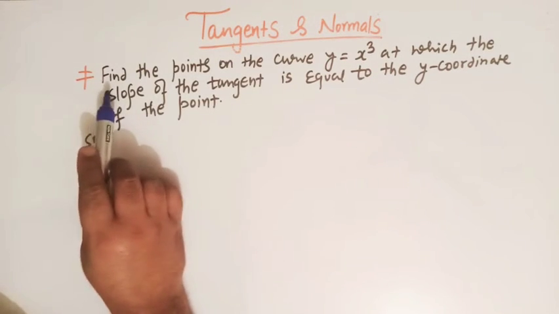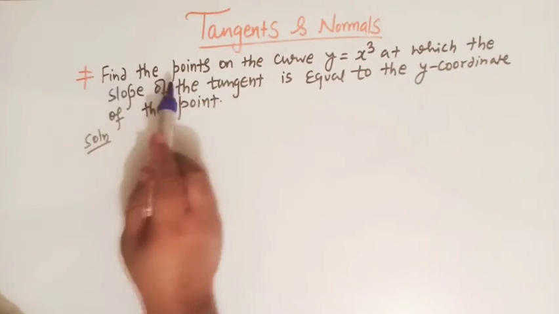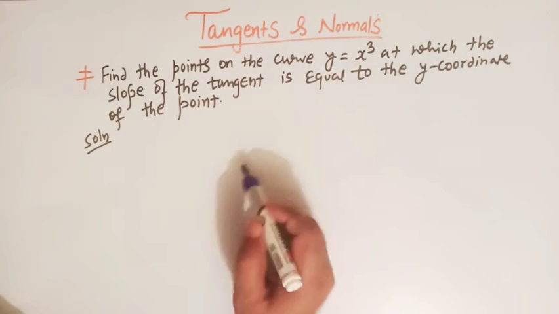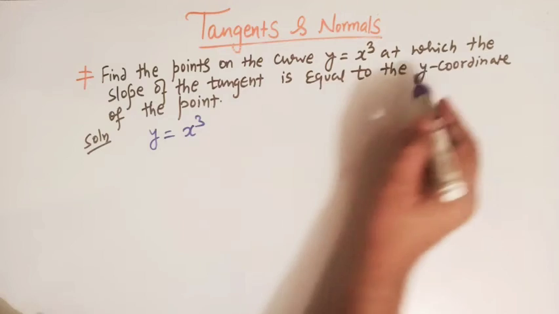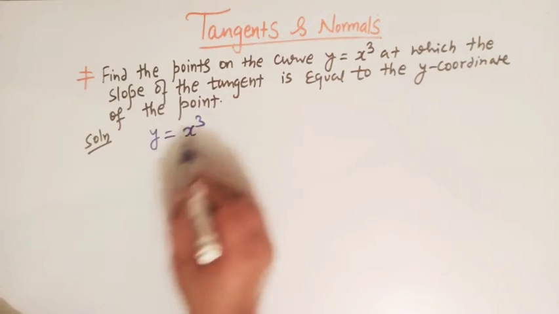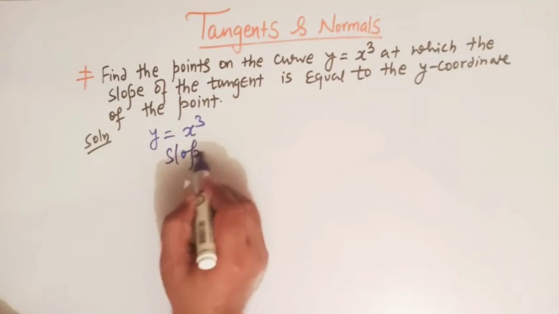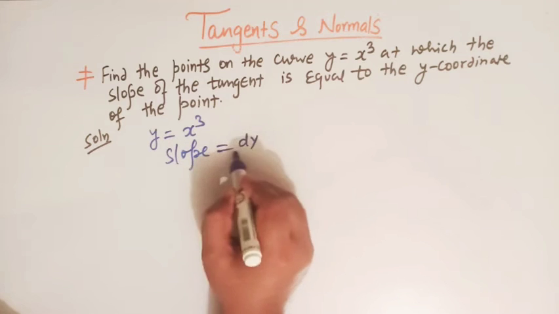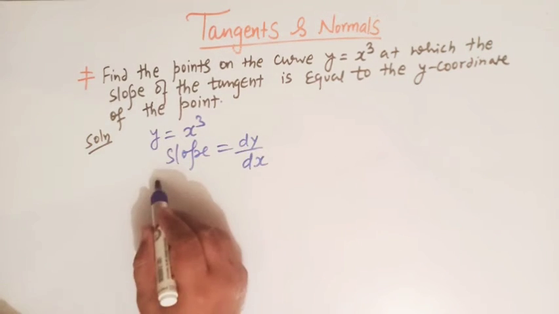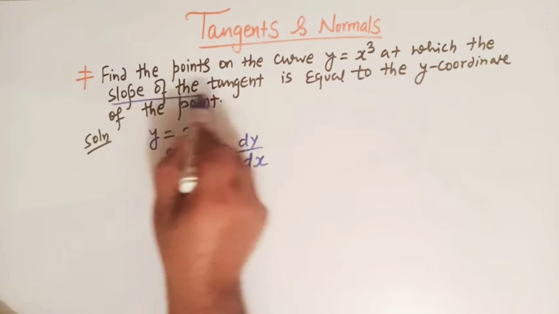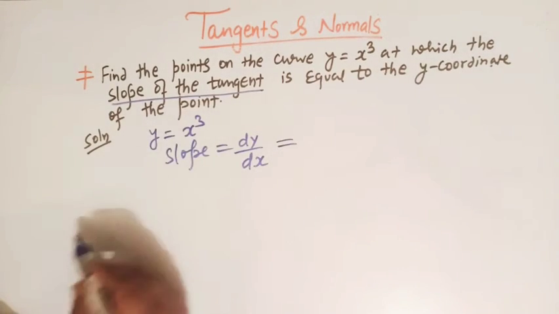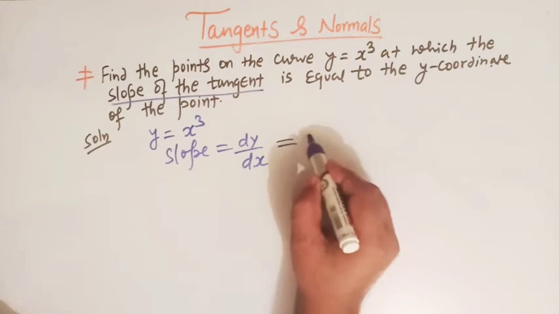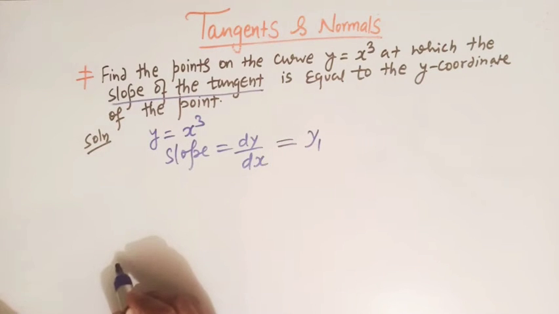Now viewers, let us take this problem. Find the points on the curve y is equal to x cube at which the slope of the tangent, that is the slope which is dy over dx, is equal to the y coordinate of the point. So the y coordinate is, say, y1, right?